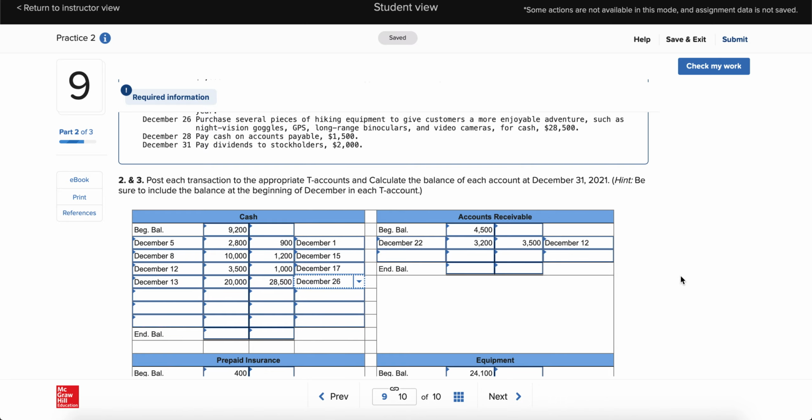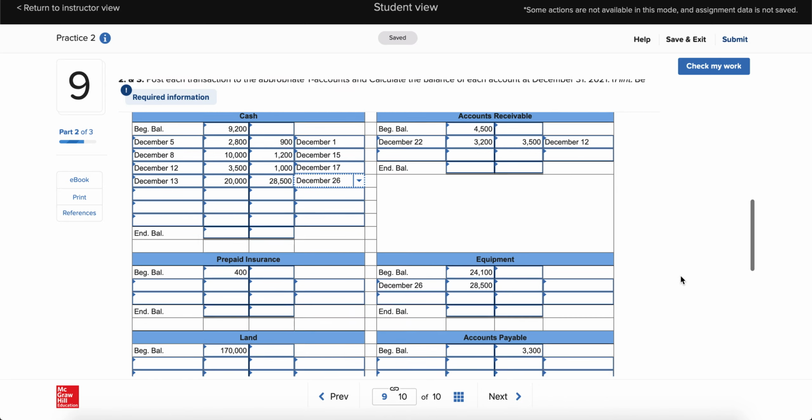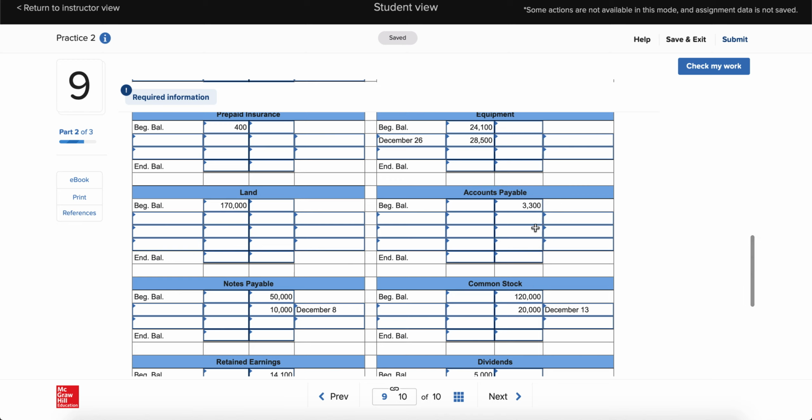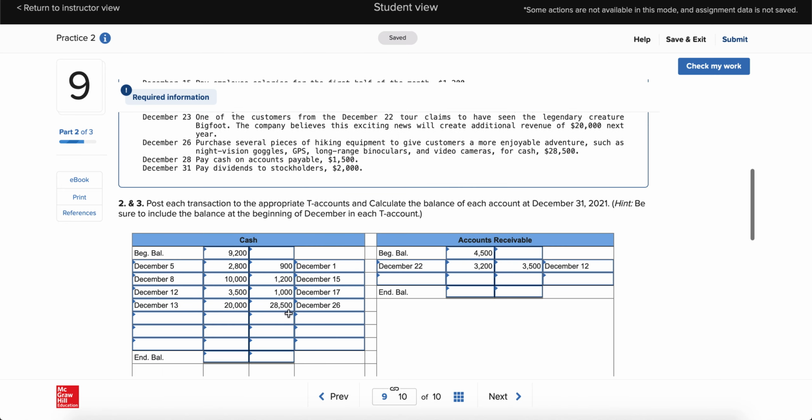December 28th, I had a debit to accounts payable. I must have paid a bill there. And again, that happened December 28th. The credit in that case is to cash.